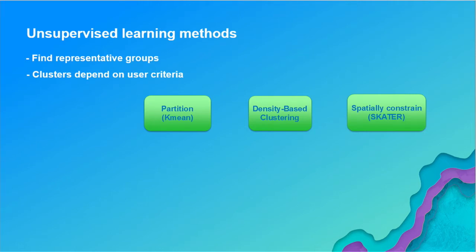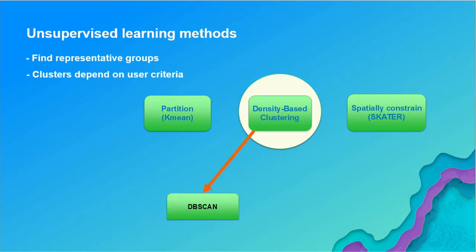Why am I going to talk about clustering? Because clustering is a very important topic in machine learning, and in ArcGIS Pro we are including many clustering tools. In the last release, we created a new tool called Density-Based Clustering, in which we implemented DBSCAN as one of the algorithms.